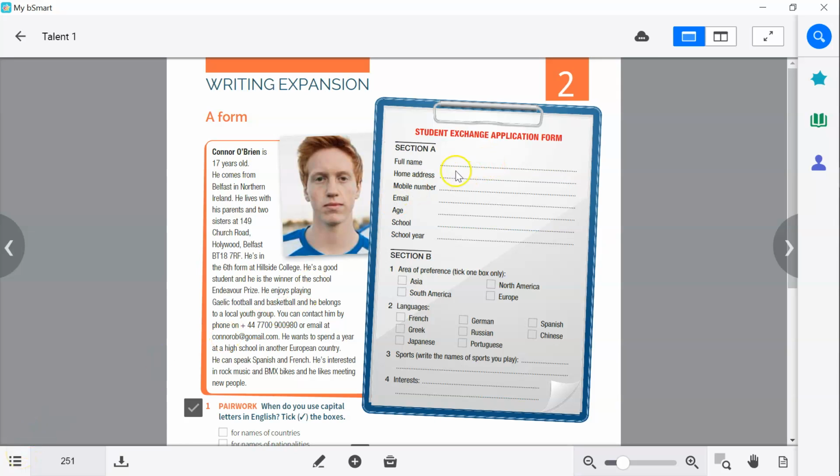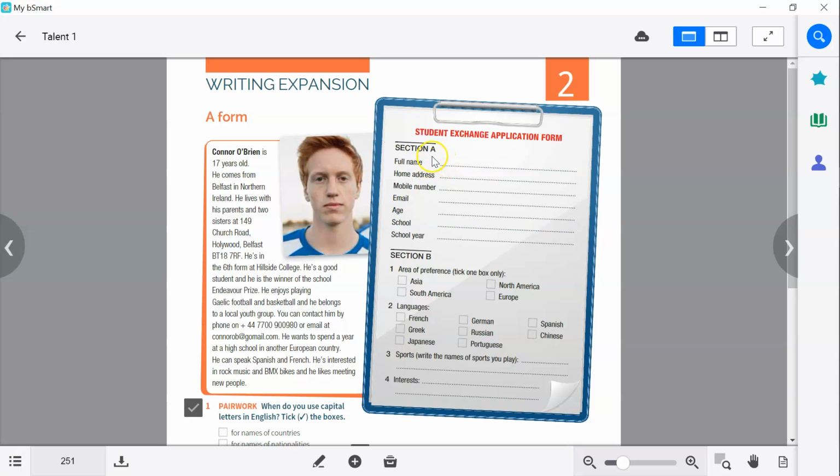Okay, so for example, you have here the extended description of this guy with his age, the place where he lives, the address, the school he attends, and many other details. And here you see that there are the same information, but in a more schematic way.